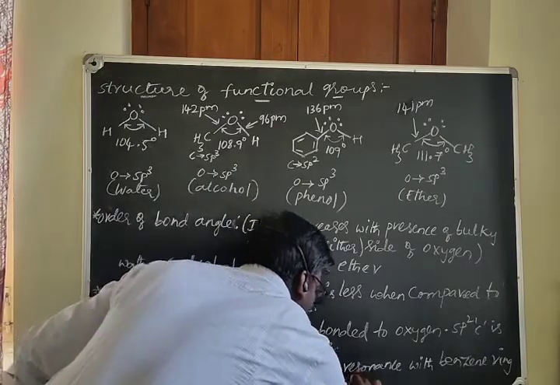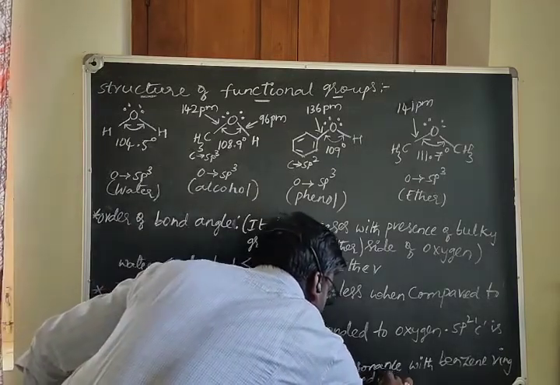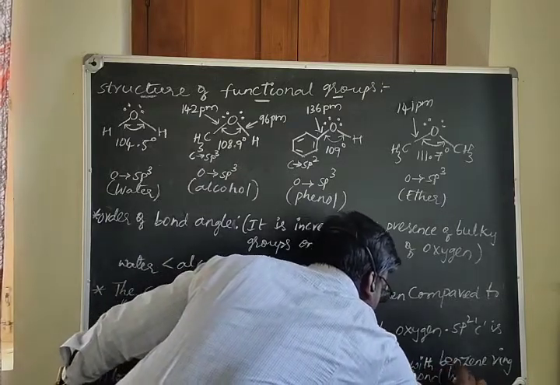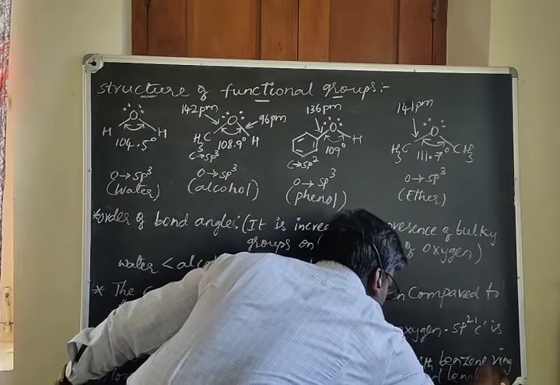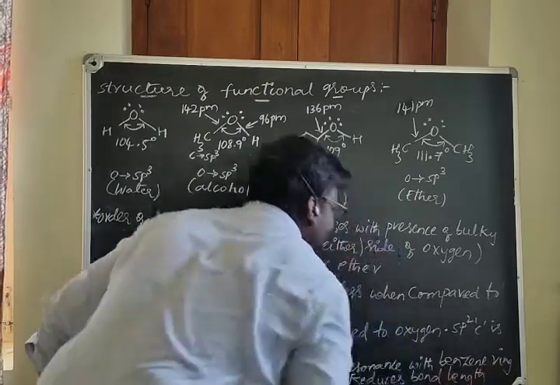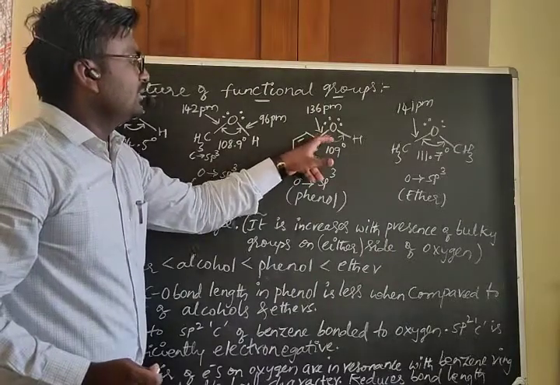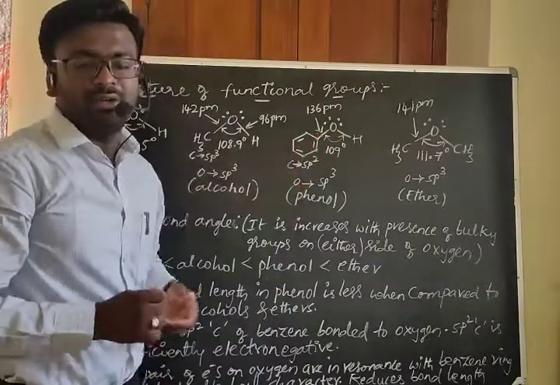This reduces bond length. Yes, these are the two reasons for the short bond length of the CO bond in phenols.